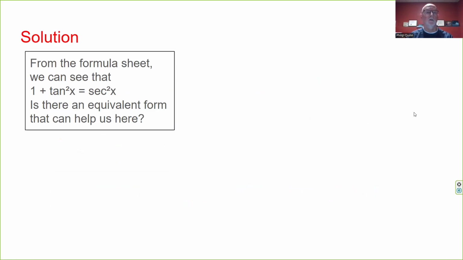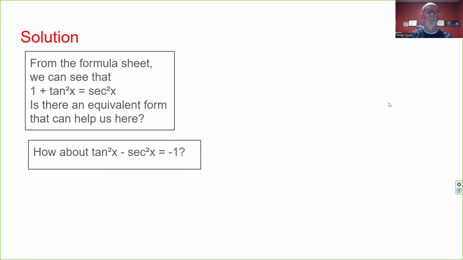From the formula sheet, we can see that 1 + tan²x is equal to sec²x. So is there an equivalent form that can help us here for this first expression? How about we take this from the formula sheet and rearrange it a little bit?